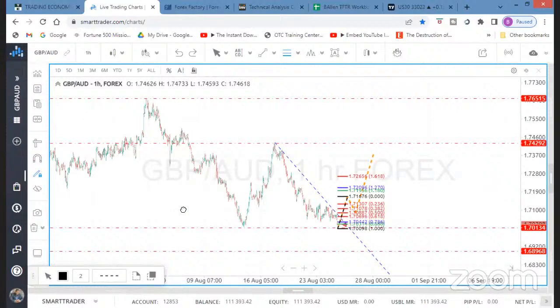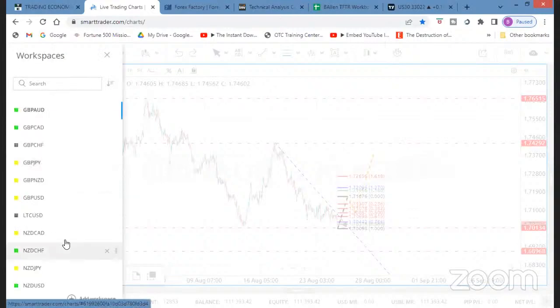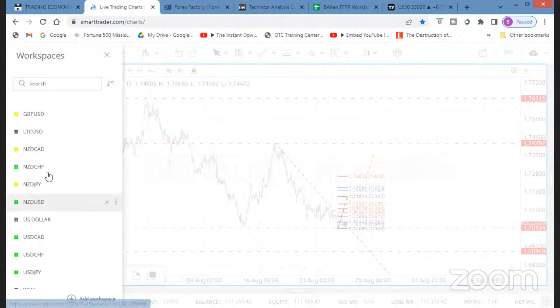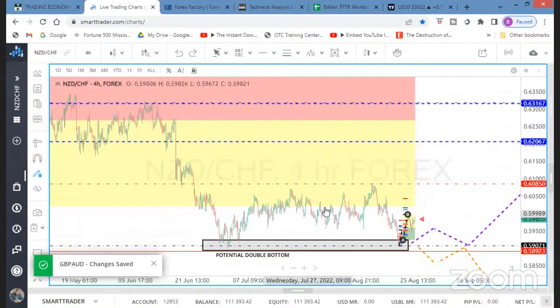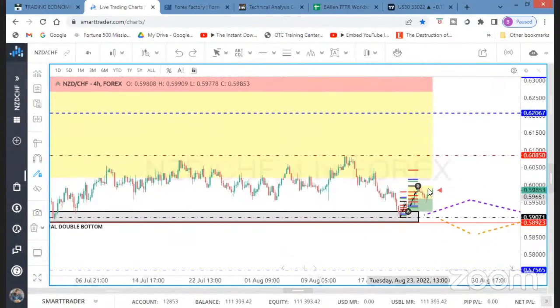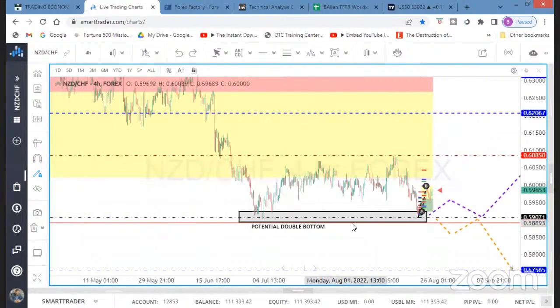All right. I want to go back before we wrap things up, and I want to take a look at this NZD Swiss. Right, and we looked at this, and we noticed that it was starting to come up out of that zone, right?